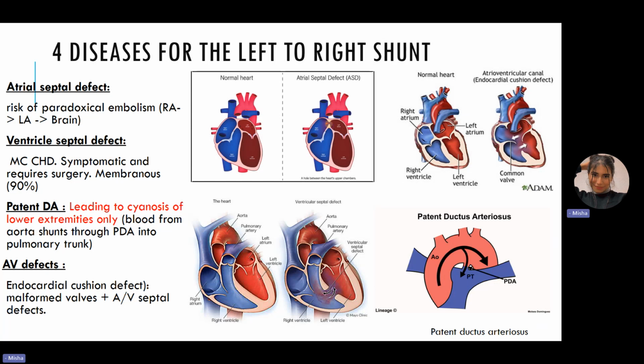In terms of frequency, ventricular septal defect is the most common one. Then we have atrial septal defect, and then patent ductus arteriosus. You can know atrioventricular defect as well, just know what it is and what happens. But the three main ones are ventricular SD, atrial SD, and patent DA.